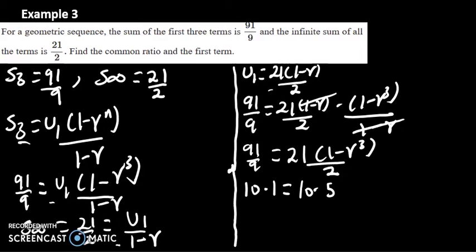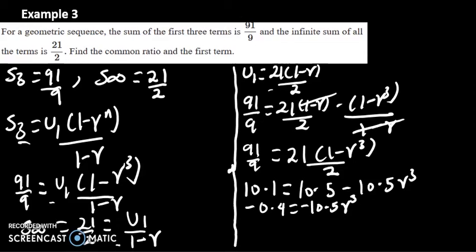So that's 10.5 minus 10.5 r to the power 3. So 10.1 minus 10.5, that is minus 0.4, equals minus 10.5 r cubed.